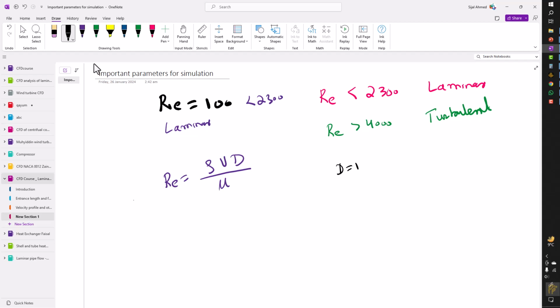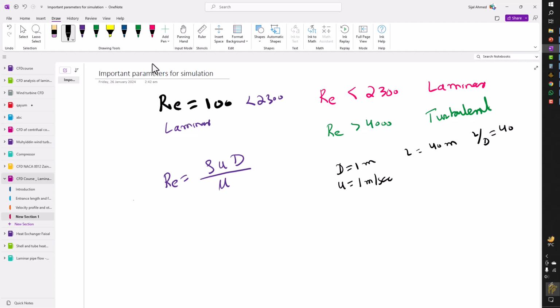And I also want to assume the velocity, that can be the u. So let's put it this way: u is equal to 1 meter per second, and diameter is equal to 1 meter, and the length of the pipe we have taken is 40 meters. So this means L by D is equal to 40.